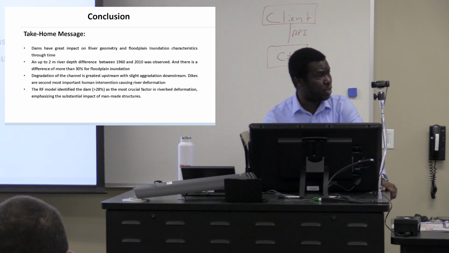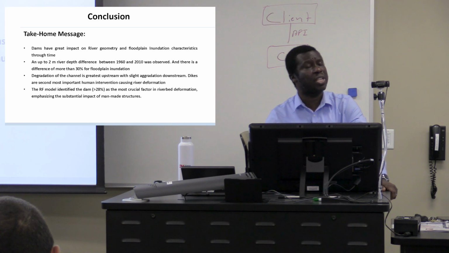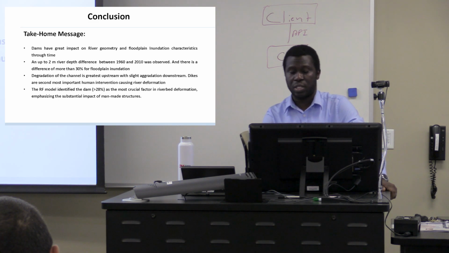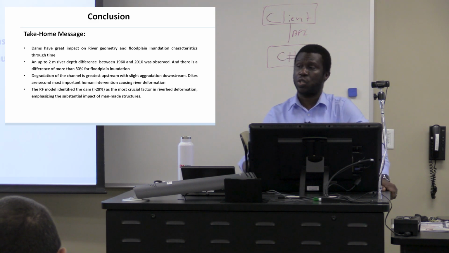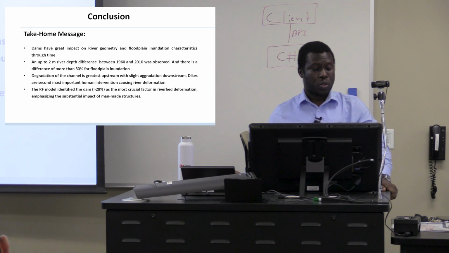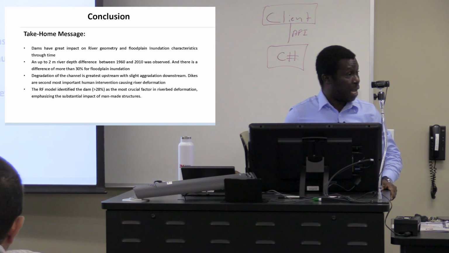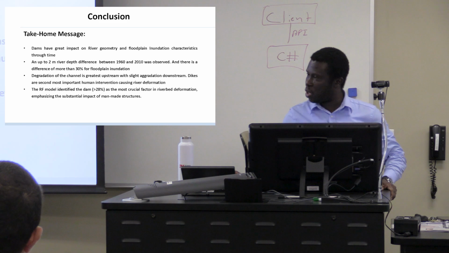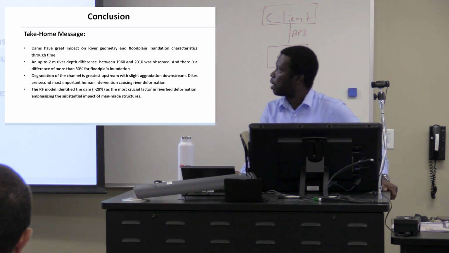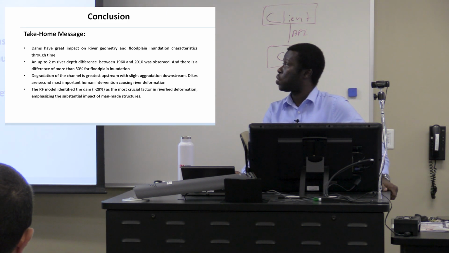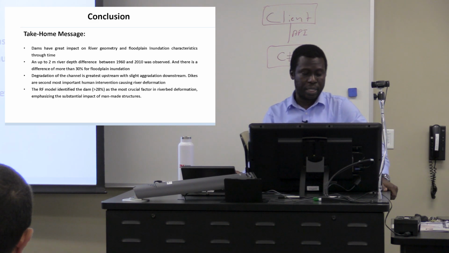Dikes were found to be the second most important anthropogenic structure that affects or causes degradation and aggradation within the channel. So the RF model shows that the dam is the most important factor that causes the degradation and also part of the aggradation within the channel.